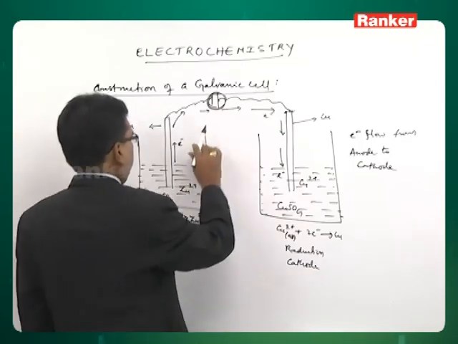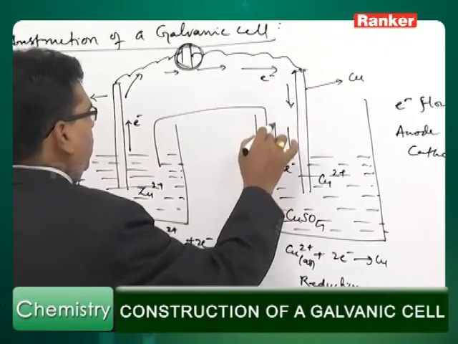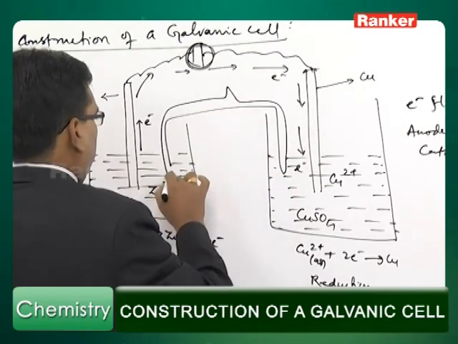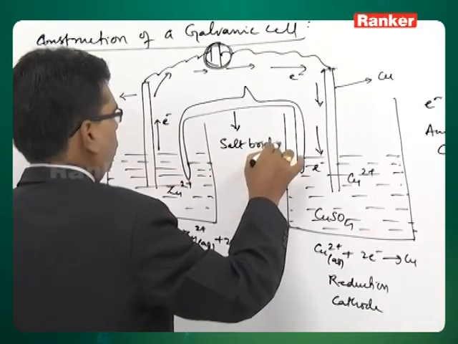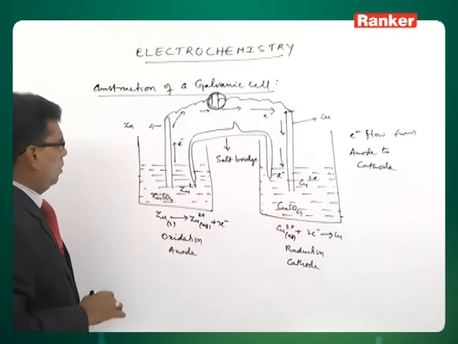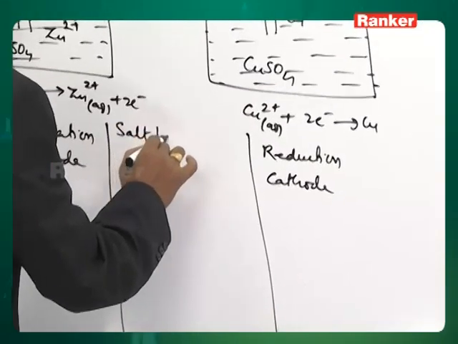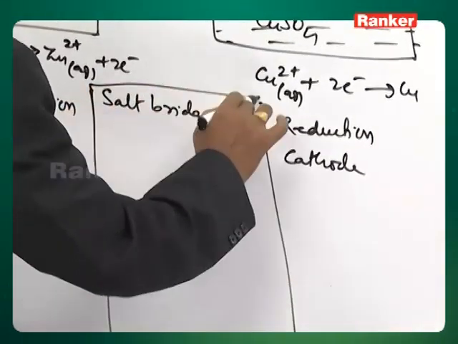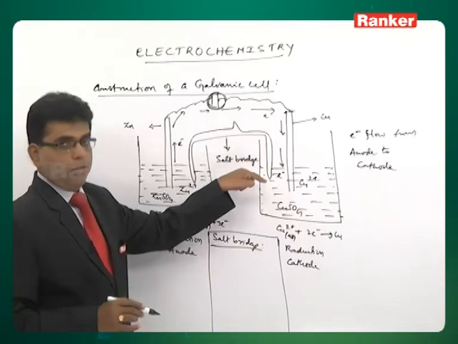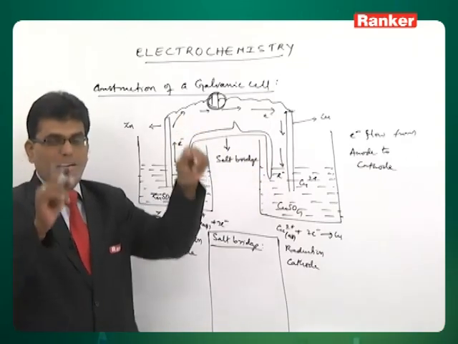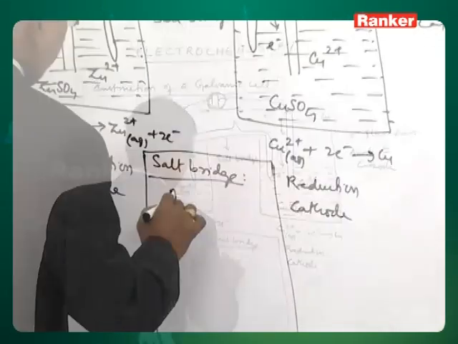When it comes to the internal circuit, both the half cells are internally connected through another device called the salt bridge. The salt bridge is a U-shaped glass tube whose two bends are dipped in the two half cells, and it is filled with agar-agar paste.